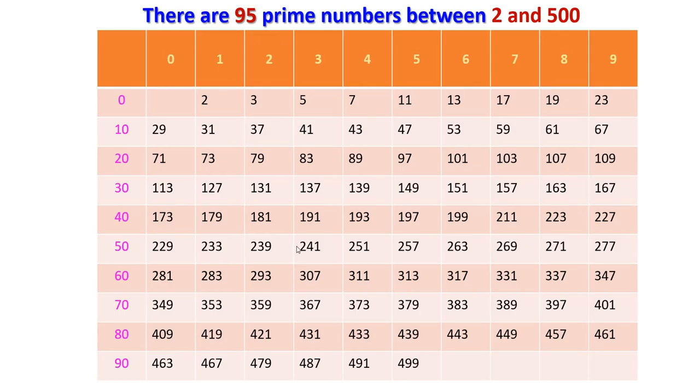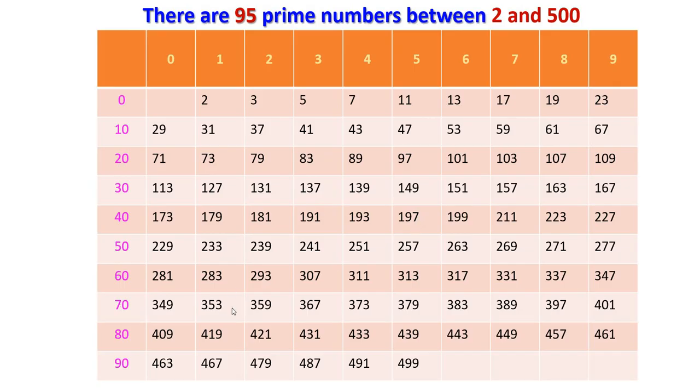And here we have a list of 95 prime numbers between 2 and 500. In this, suppose I want to know the 45th prime. What is the 45th prime? In this row, in this column, you find that 197 is the 45th prime.